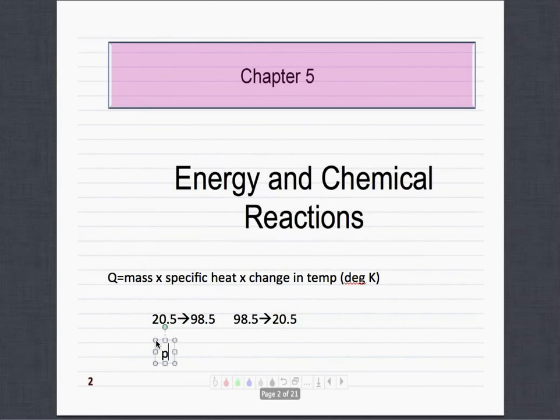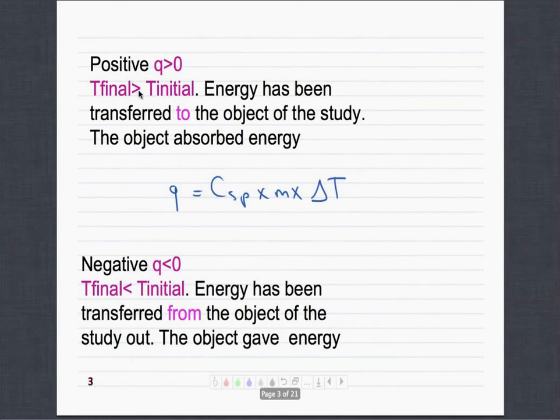And we said we're going to talk about what it means that Q is positive or Q is negative when we calculate it. If Q is positive, we know that the specific heat capacity could never be negative, and we never heard about mass being negative.